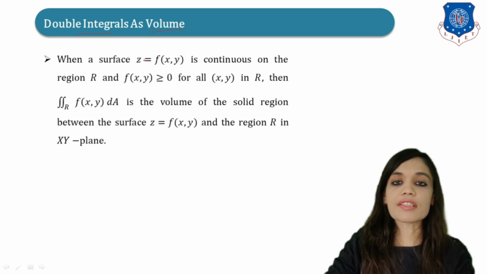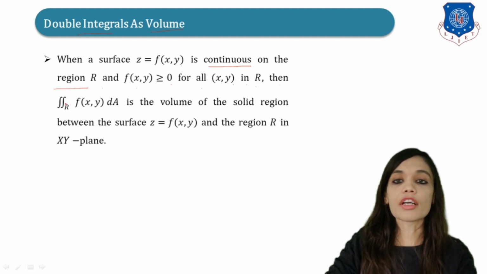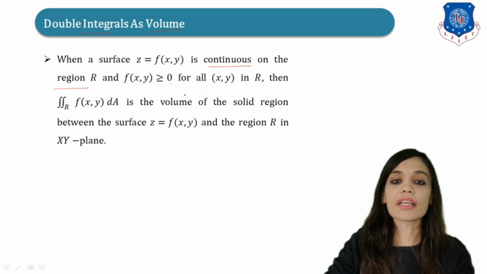So when a surface z is equal to f of x comma y is continuous on the region R and f of x comma y is greater than or equal to 0 for all x comma y in the region R, then the double integral over R of f of x comma y dA is the volume of the solid region between the surface z equals f of x comma y and the region R in the xy plane.